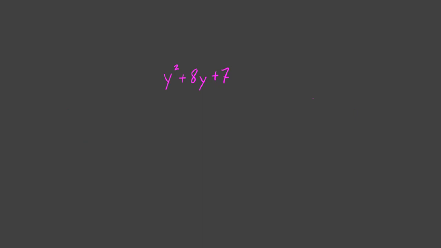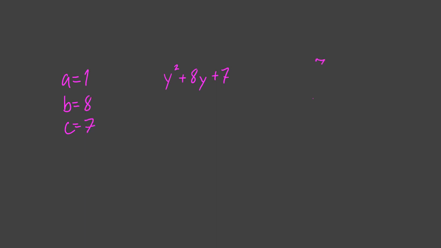Our next quadratic, looks like we're using a different variable here. That is not a problem. We still have the same process. So again, a, b, and c. A is 1, b is 8, and c is 7.